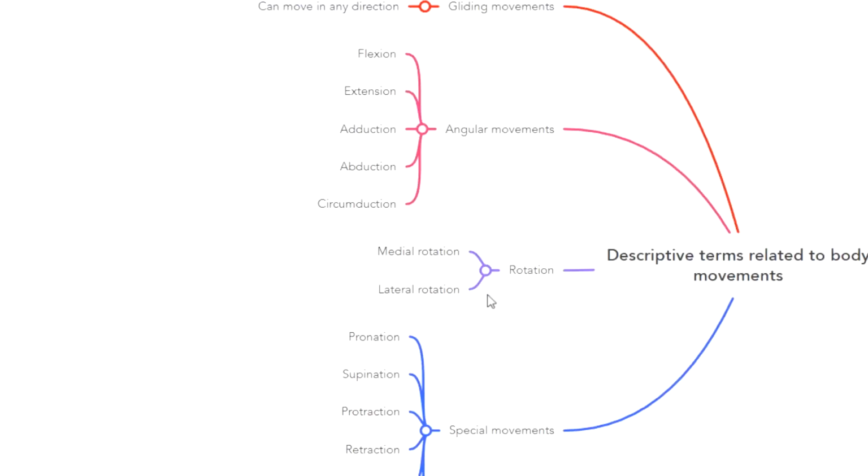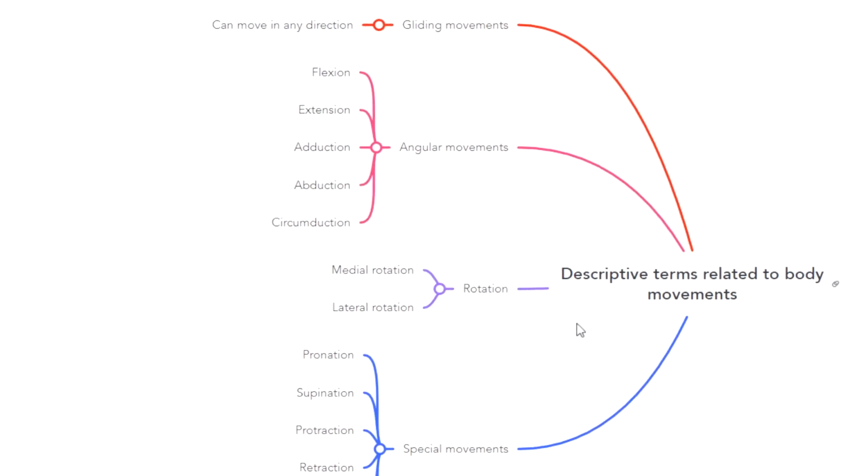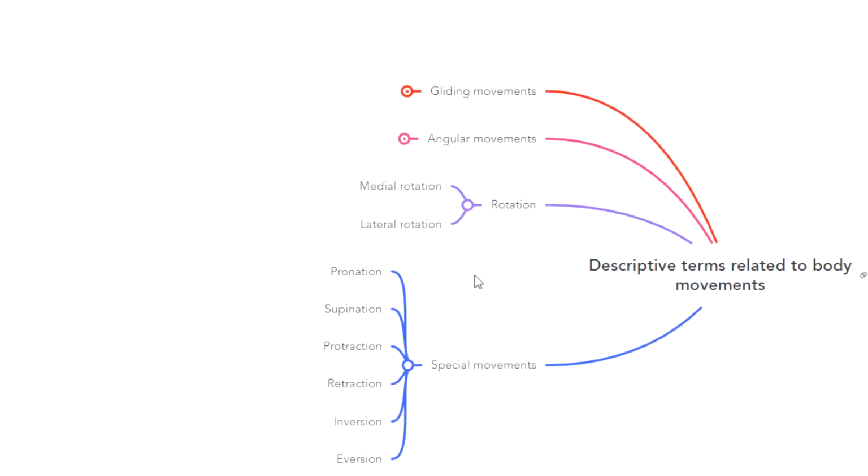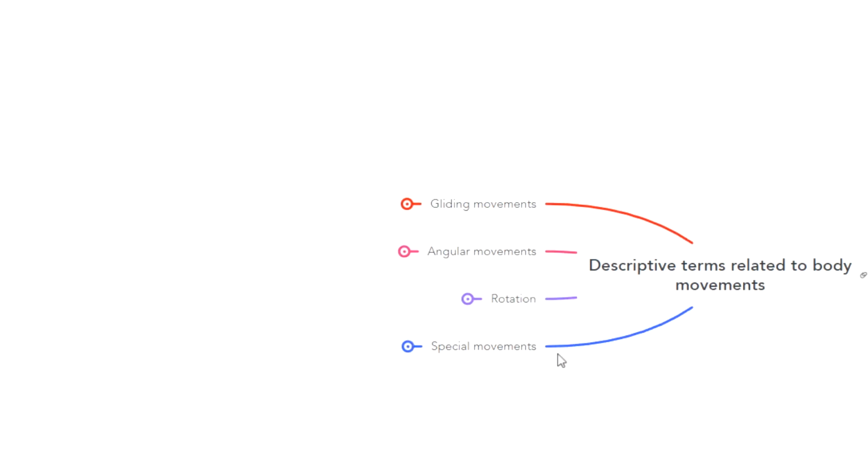The main body movements are grouped under four main topics: gliding movements, angular movements, rotation and special movements.